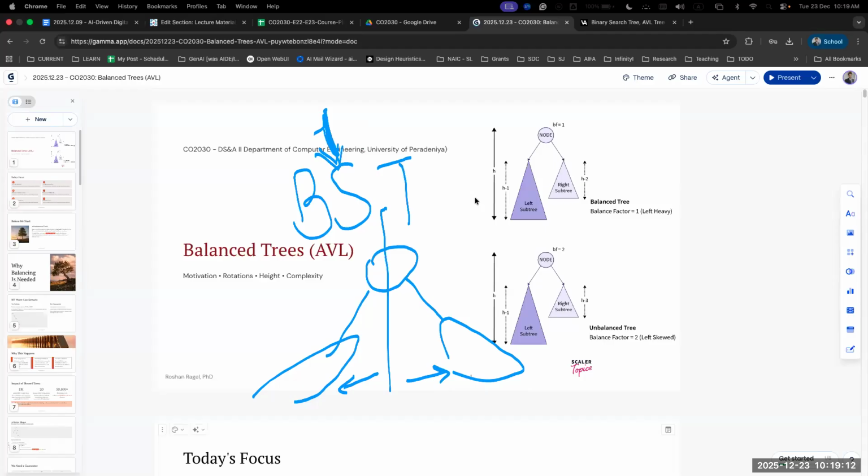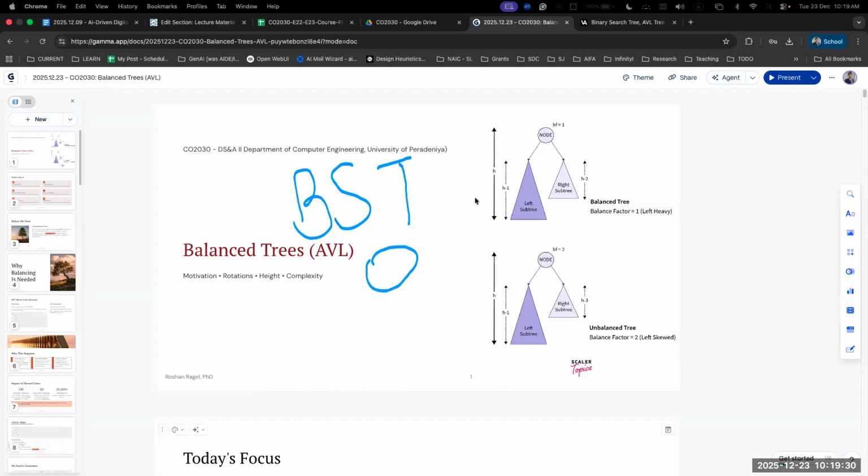But at the same time, we also realized such searching might not always be good, because the tree structure doesn't depend only on the values of the nodes, but also on the order in which we add the values.